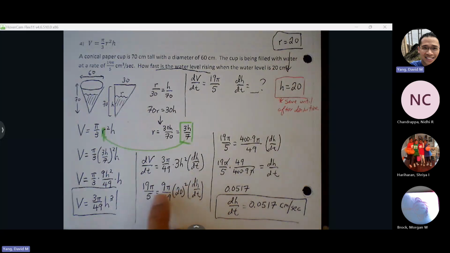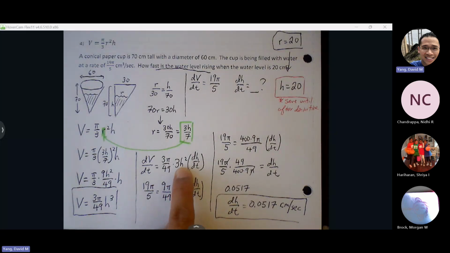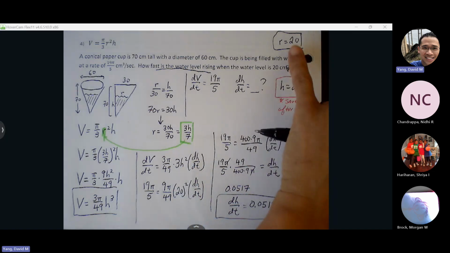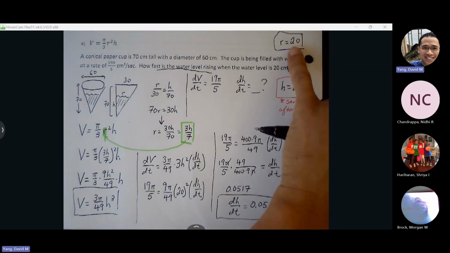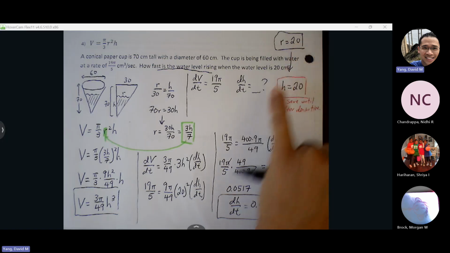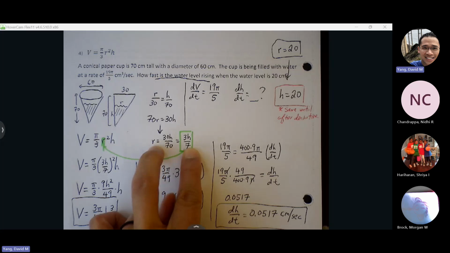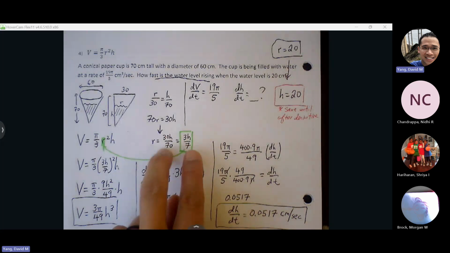That means when you get to this point, you still need h, the height of the water level, but the problem gives you the radius of the water level. How can we get that into the variable that we want to use? Yeah, use proportion equations. So we have r equals 3h over 7. We can use that to help us convert from one variable to the other.